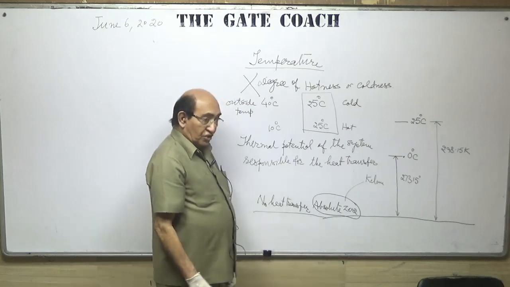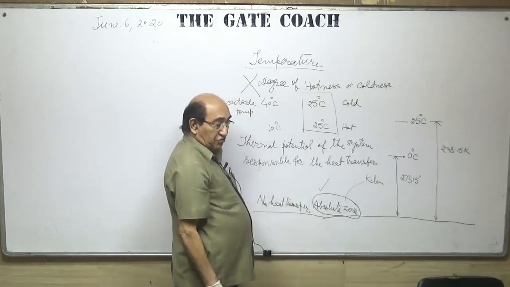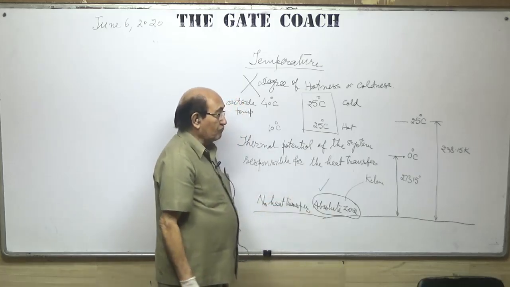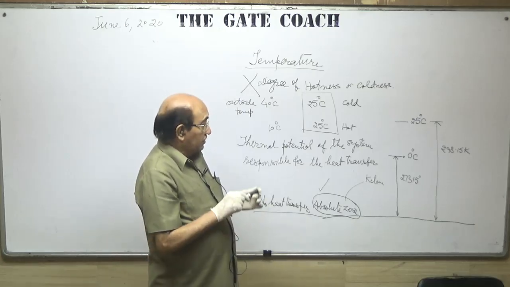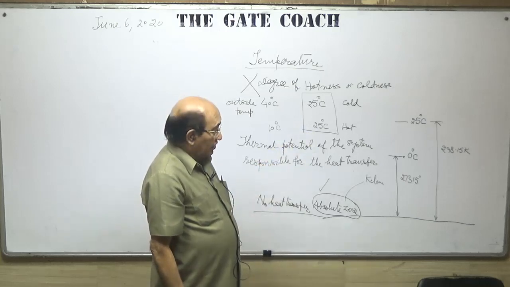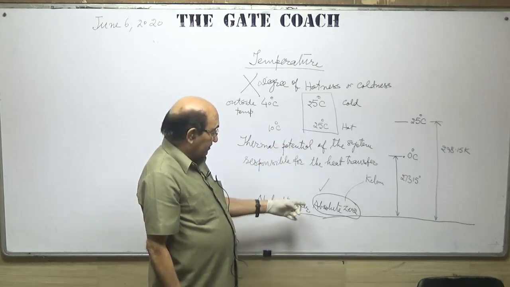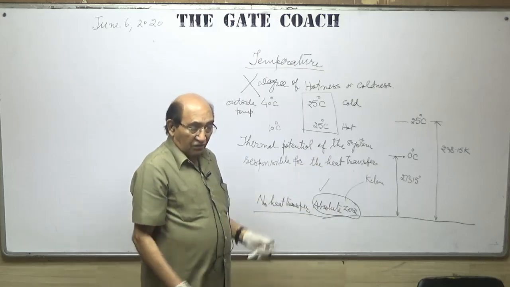I hope here also the concept of absolute zero is to be used. So in all our observations, the temperature shall be given in terms of Celsius or centigrade, but for all our calculation purposes, we will be using absolute temperature in terms of Kelvin.